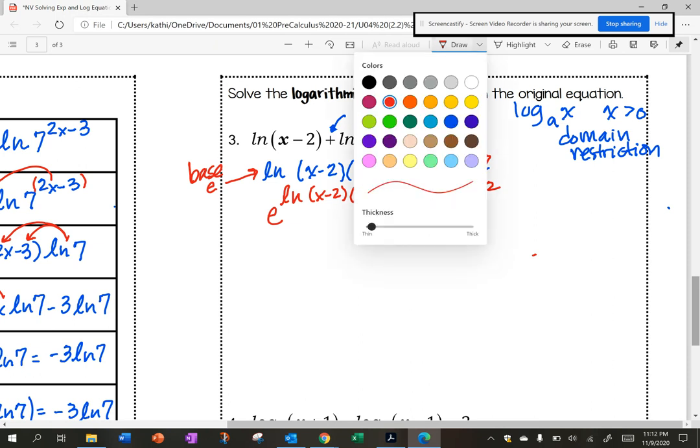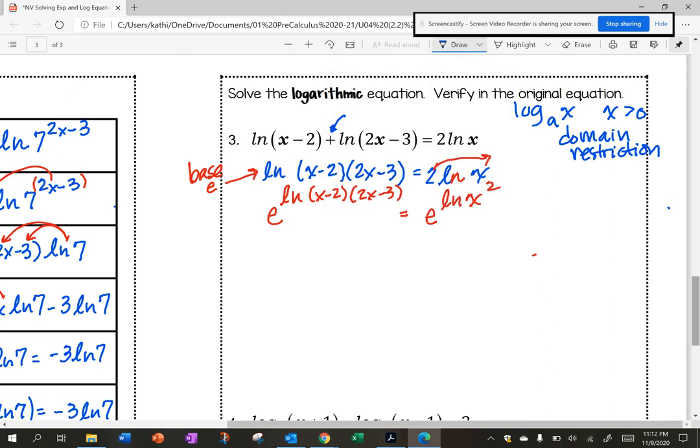Then I'm going to use my inverse property: when I have base e raised to the natural log, these two, exponential and logarithmic with the same base, undo each other. I have that on both the left side and the right side. So what I have left is (x minus 2)(2x minus 3) equals x squared.